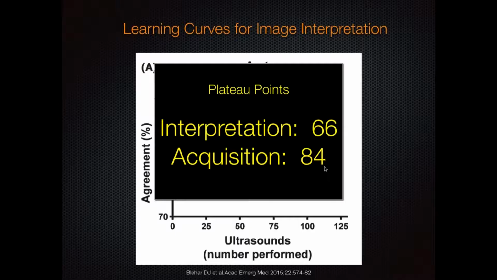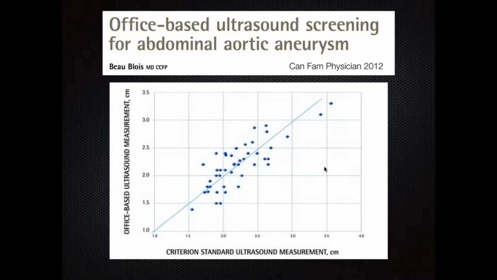So it's really a harder exam to do, and I certainly don't want people to come out of a weekend course and think that they are completely competent at evaluating the aorta. Having said that, it's not an impossible skill to learn, and with adequate training, this is certainly a possible examination to learn. So in this study, a family medicine resident physician was able to achieve in the office quite decent accuracy, and this is someone who is well trained.